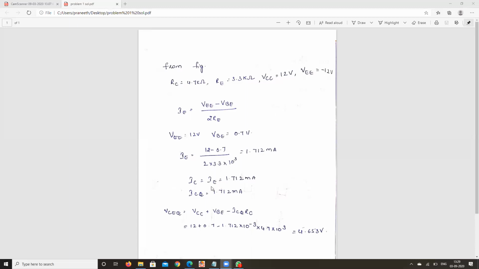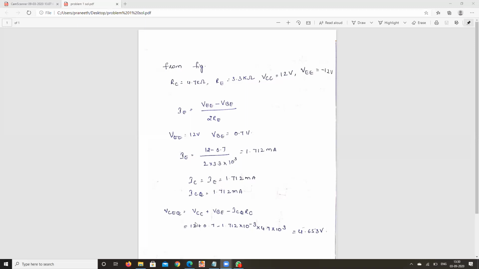So your IE is nothing but your operating current, isn't it? And this is how you got the operating current. After that, for calculating operating voltage VCQ, the formula is VCC plus VBE minus ICQ RC. Here again you have substituted the values.